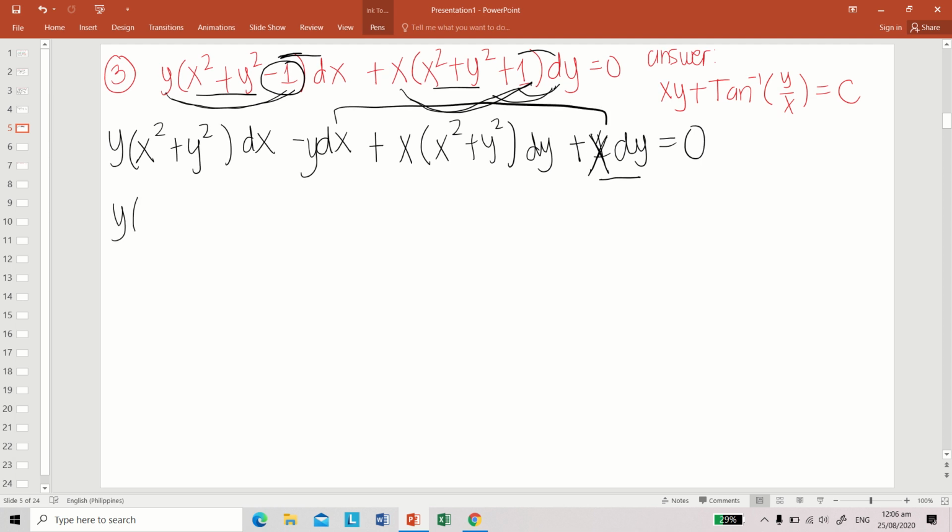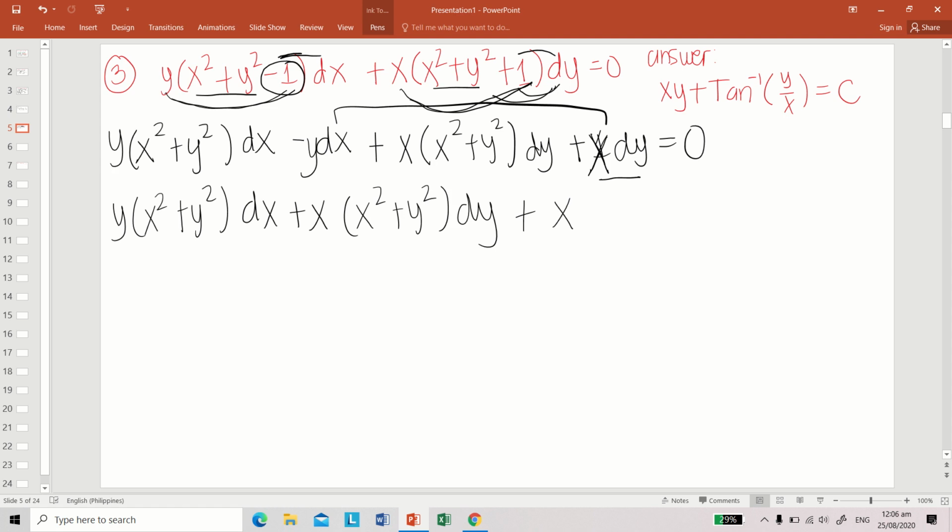So we're going to have y quantity x squared plus y squared quantity dx plus x quantity x squared plus y squared quantity dy. And then we're going to have plus x dy minus y dx, and then is equal to 0.